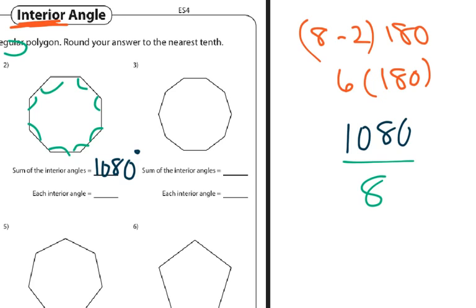Okay? So 1,080 divided by 8 in your calculator, and you get 135. And that will be the answer to each interior angle. So this one's 135 degrees, and this one's 135 degrees, and so forth, all the way around.